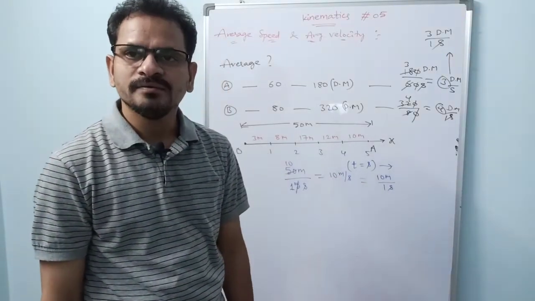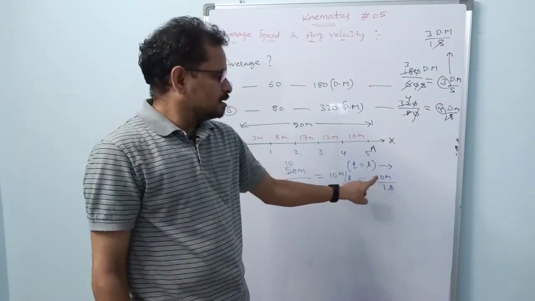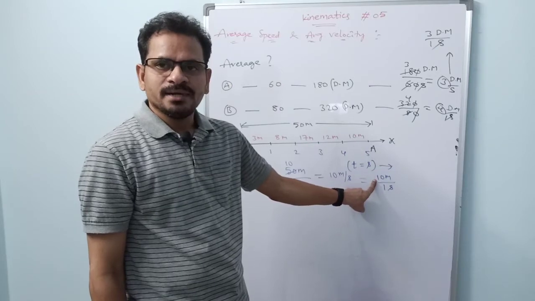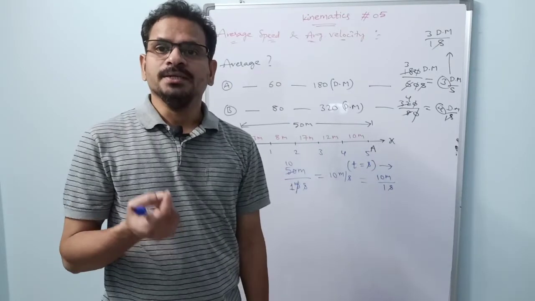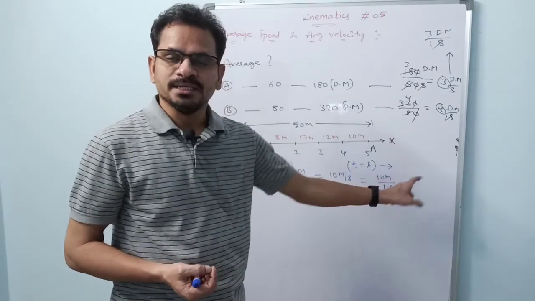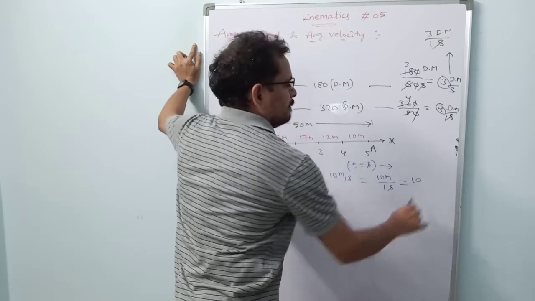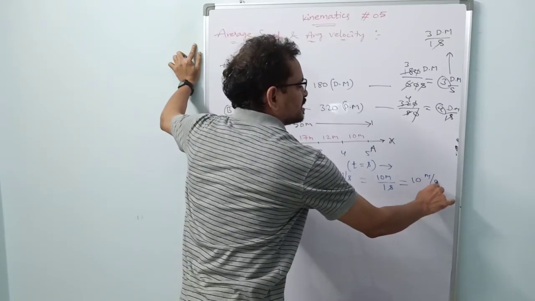What is the meaning of this? In each and every 1 second, the car has to travel a distance of 10 meters in uniform motion. So in each second, how much distance does it have to cover? 10 meters, which can be written as 10 meters per second.